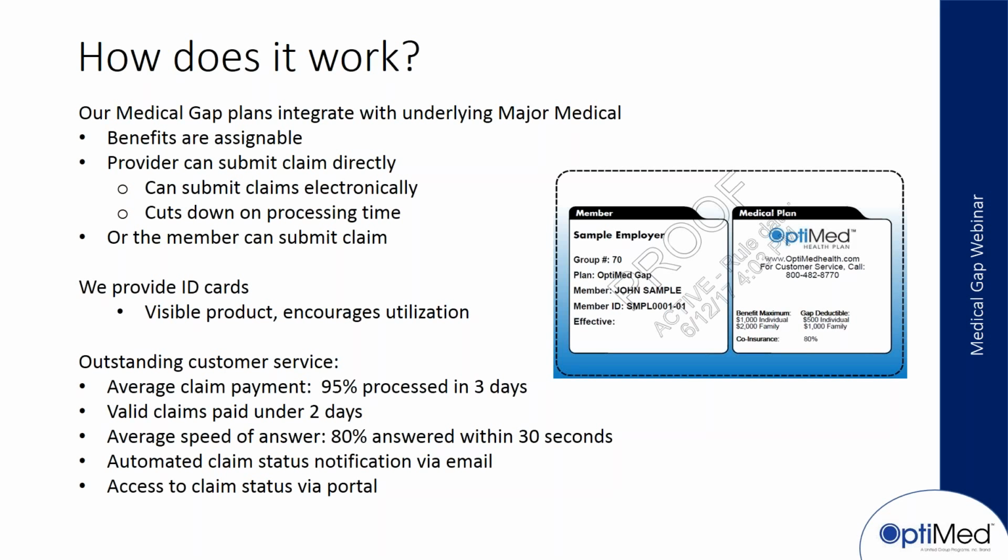So they start valuing the GAP plan more, because that's who pays. They get EOBs from the major medical plan saying all the time, you owe, you owe, you owe, you owe, you owe. And the only thing they ever get from us is that we paid, we paid, we paid, we paid, we paid. So what do you value more?